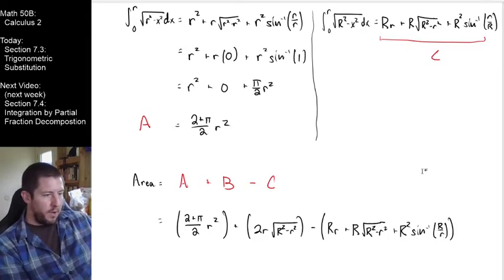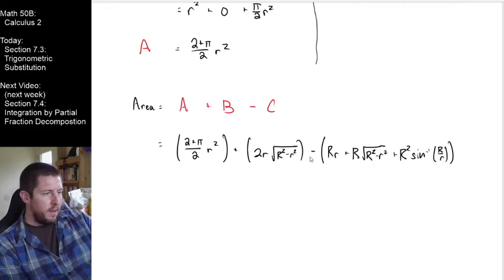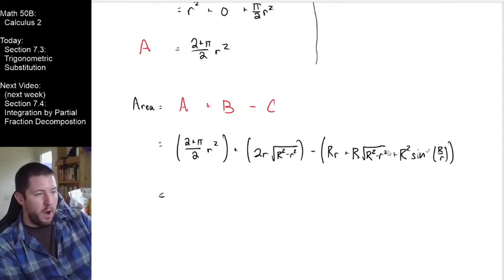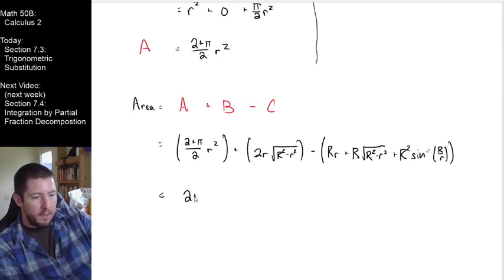And is there any cleaning up we can do on this guy right here? Looking like not much. The only thing that I see is that we've got two different groupings of this square root of r squared minus r squared, so maybe I'll combine those. But other than that, I think this is kind of our gross version of our general answer right here. So what I'm seeing here is we should be getting a total of 2 lowercase r minus capital R copies of the square root term.